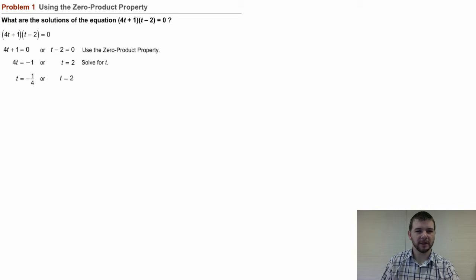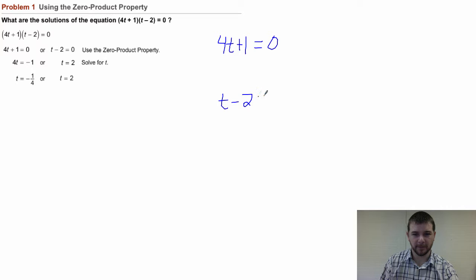What are the solutions of the equation 4t plus 1 times t minus 2 equals 0? Well, as shown on the previous slide, we know that for this to be true, either 4t plus 1 must equal 0, or t minus 2 must equal 0. Again, that's telling us that if this stuff times this stuff equals 0, then either this stuff equals 0 or this stuff equals 0.